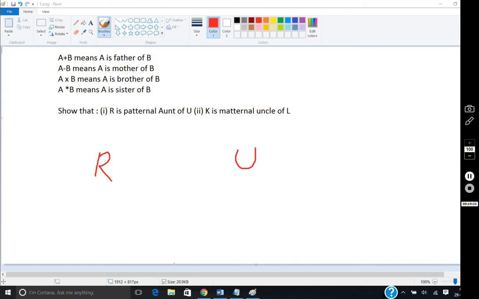What we have to show is R is paternal aunt of U. It means R is the sister of U's father. Here we have to assume a letter.